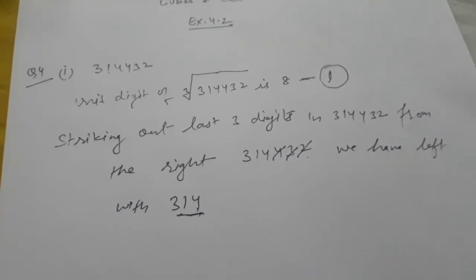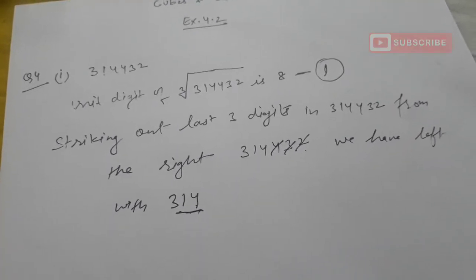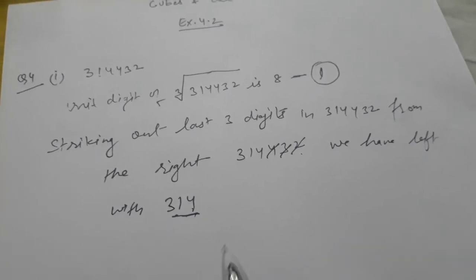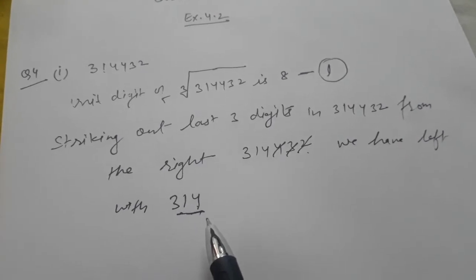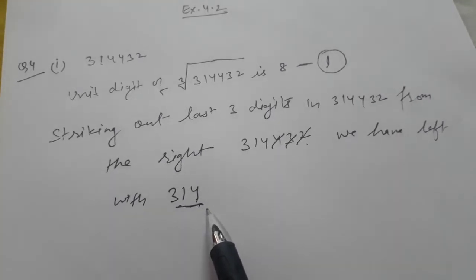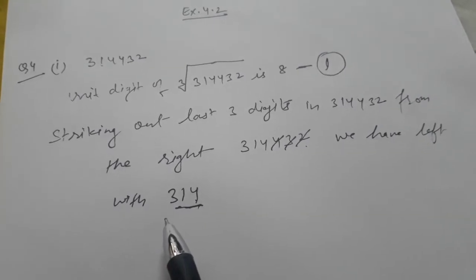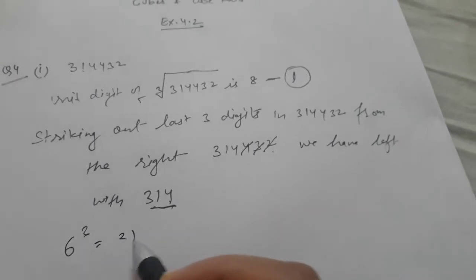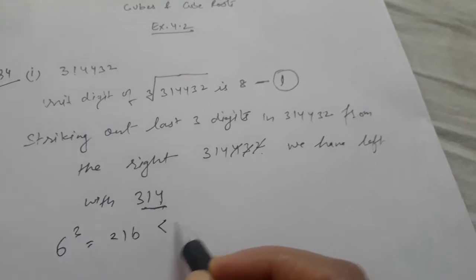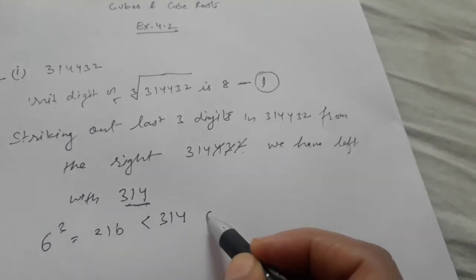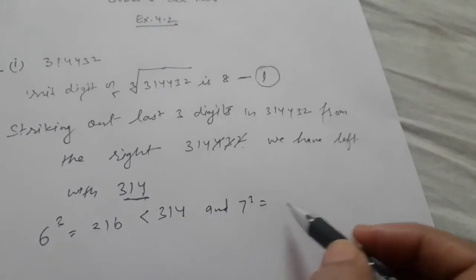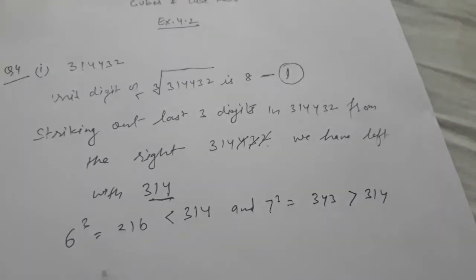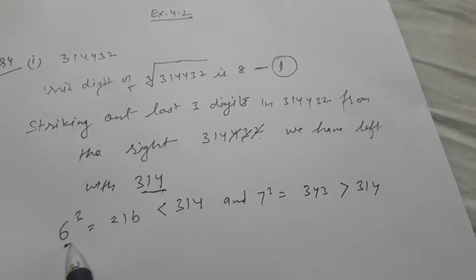We can say that the cube of 6 is 216 and the cube of 7 is 343. 343 is greater than 314. So we will take 6 cube as the smaller number. We will write 6 cube is 216, which is smaller than 314, and 7 cube is 343, which is greater than 314. So we will take the smaller number.